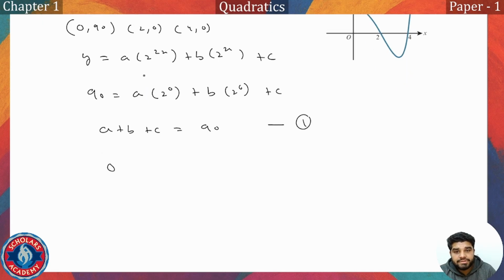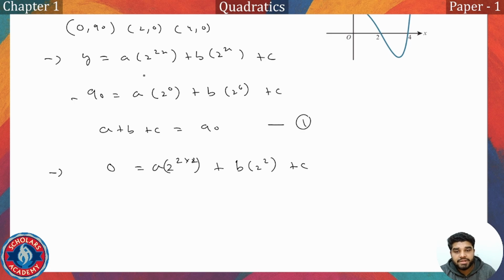From here we get 0 is equal to a times 2 raised to power 2 into 2 plus b 2 raised to power 2 plus c.